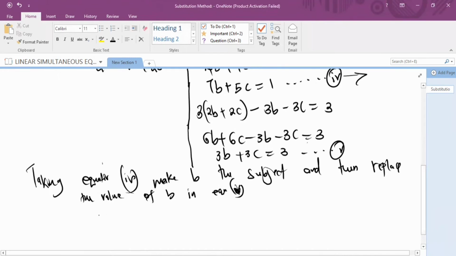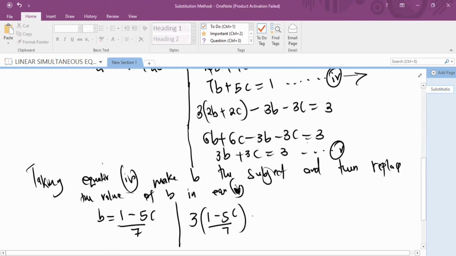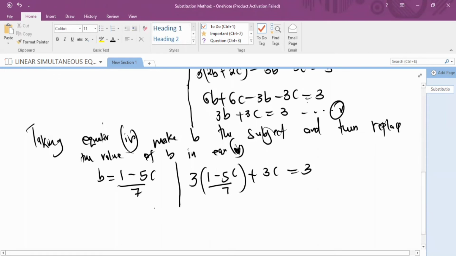Okay, so making B the subject of the formula in equation 4, we will have B is equal to 1 minus 5C over 7. Replacing it in equation 5, we'll have 3 into B is 1 minus 5C over 7 plus 3C is equal to 3. Solving this, let's multiply all through by 7. So this and this will cancel.